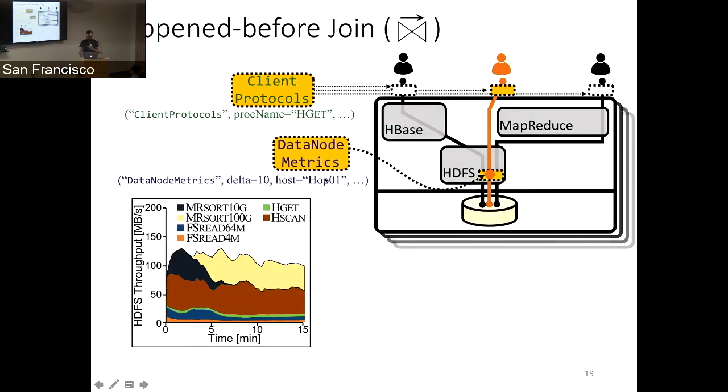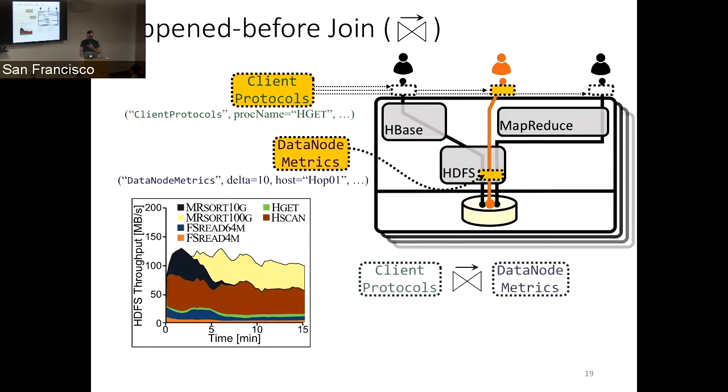So these invocations have the happen before relationship: client protocols happen before data node metrics. Pivot tracing keeps track of this using something called baggage, which we'll introduce shortly, that allows the system to understand that, oh, this is the thing I've been waiting for. I'm going to do some magic stuff, and I'll get into that in a minute.